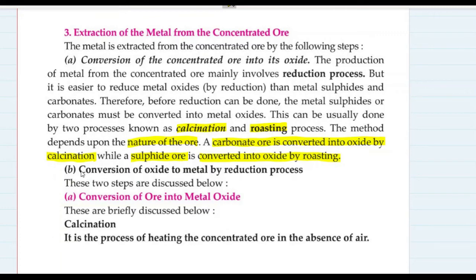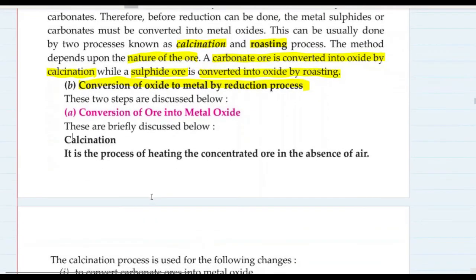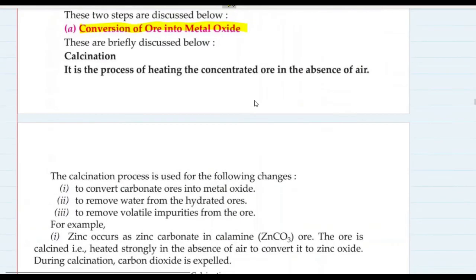Remember this. Okay, let's study the conversion of oxide to metal by reduction process. Hey, wait. Before that, we must understand the conversion of ore into metal oxide. So we are going to study calcination first.